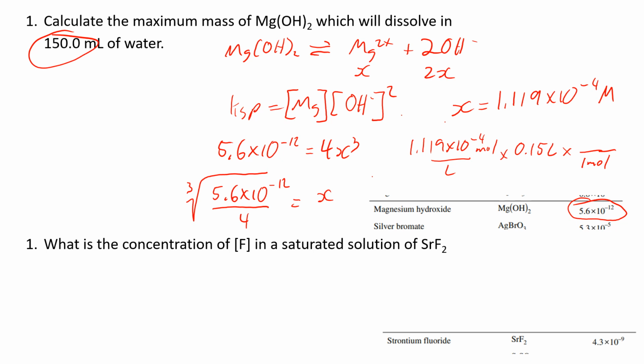My molar mass of magnesium hydroxide is 24.3 plus 58.3 grams. Plug that into my calculator: 1.119 times 10 to the minus 4 times 0.15 times 58.3 equals 9.78.